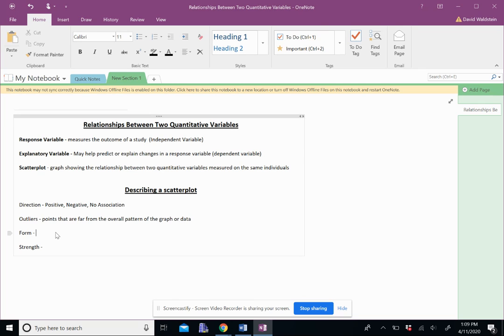All right, form. Now the form is just, is our pattern linear or is it nonlinear? So if it's linear, it's making a line. If it's nonlinear, it's not making a line. It's that simple. And strength is just weak, moderate, or strong. So how close to the form is it? Is it a strong linear relationship, meaning that they're very close to making a line?